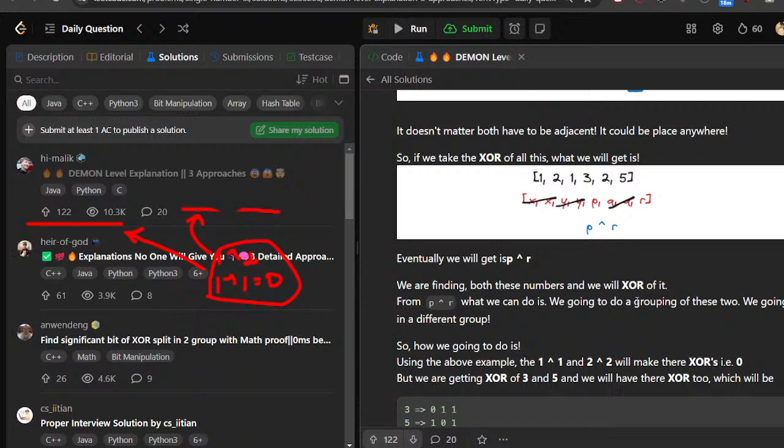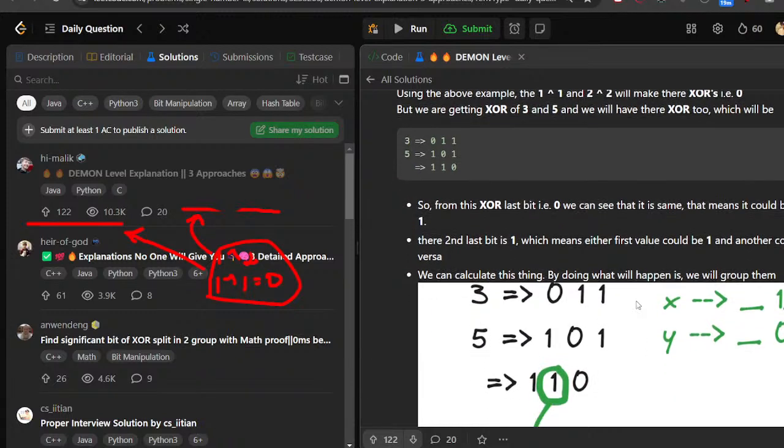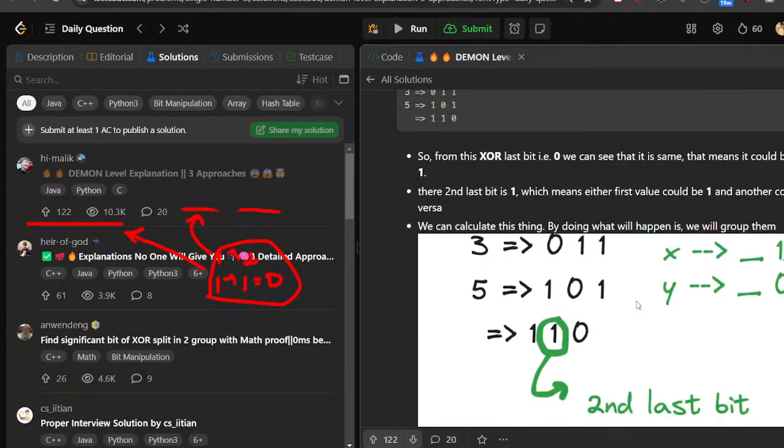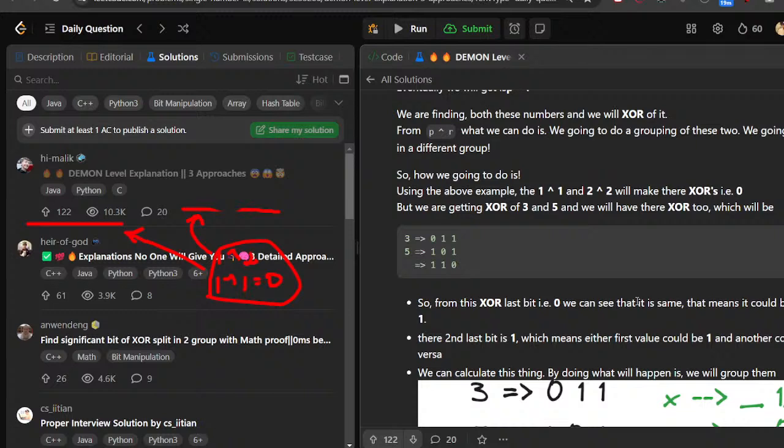What we can do is group the numbers, and we are going to put P and Q in different groups. So how are we going to do this?